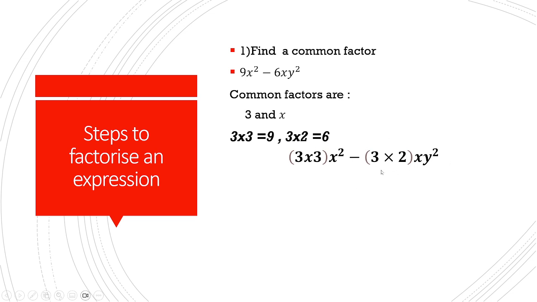So 3 is a common factor, and we take out 3. x appears here and x also appears here, so x is also a common factor. In our brackets right now, we are left with the other 3 and another x, and on this side, we drop the negative sign and have that 2 and that y squared.